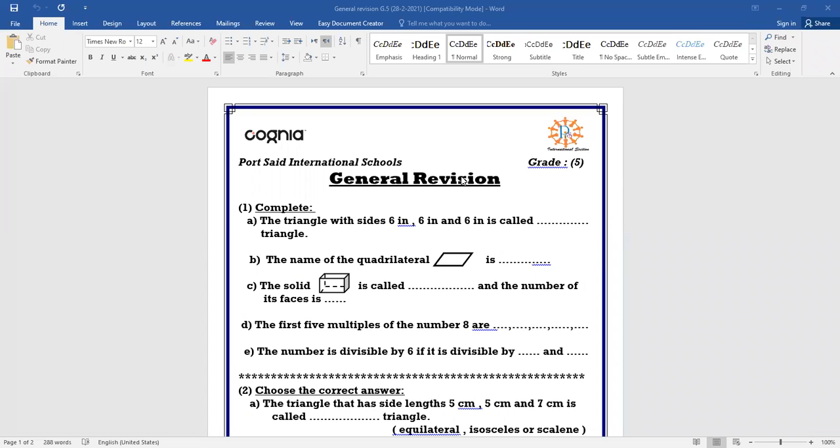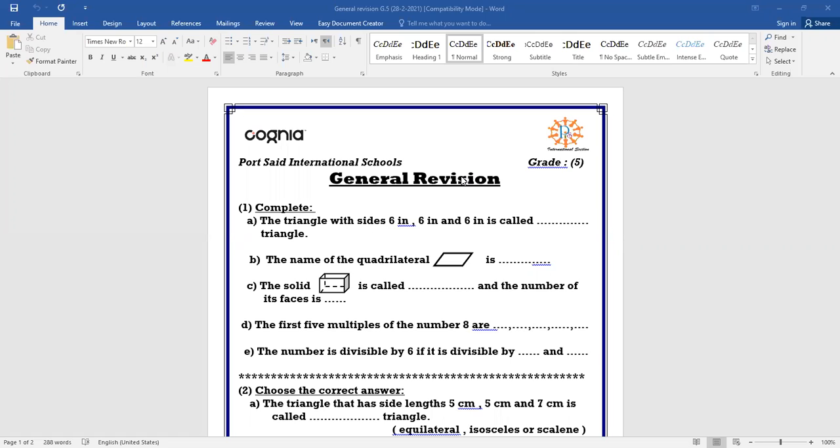According to the measure of its angles, we have 3 kinds. Right triangle: if the triangle has one right angle, it will be a right triangle. If the triangle has one obtuse angle, it will be an obtuse triangle. And if the triangle has 3 acute angles, it will be an acute triangle.